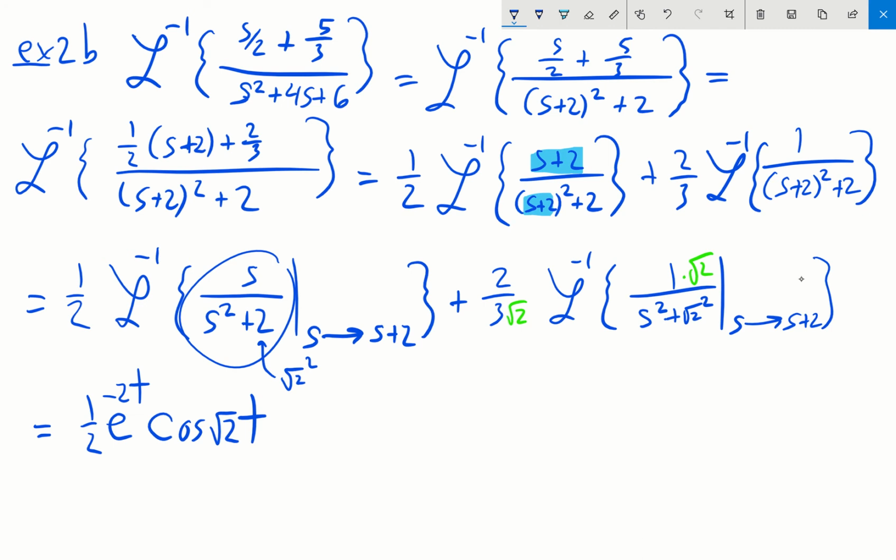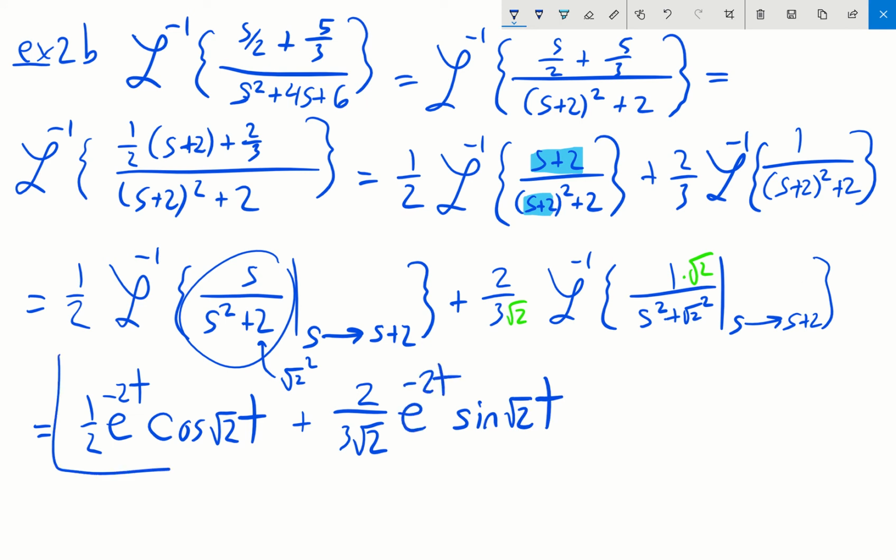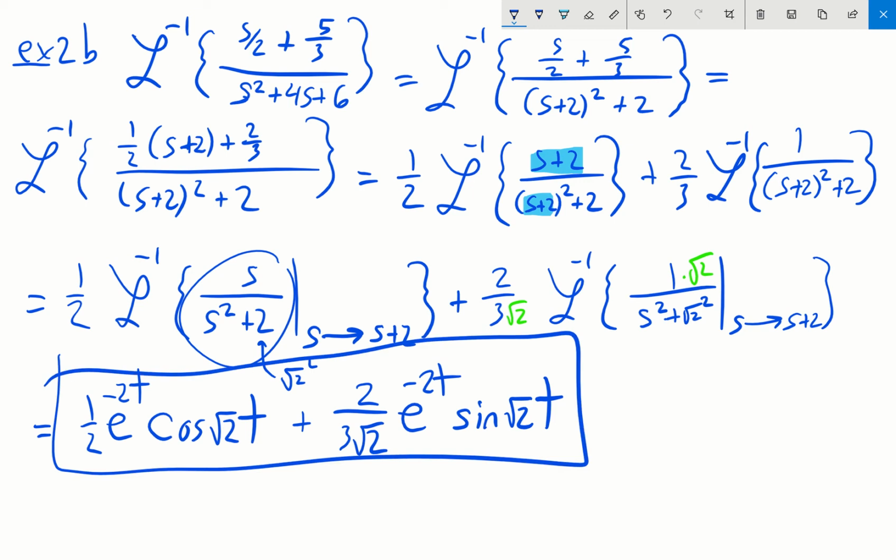And now that we've done that, we should recognize the form. We have this constant, 2 divided by 3 square roots of 2. The form of this thing right here would be the sine of the square root of 2 t. But because we have the shift, we're also going to get an e to the negative 2t with it as well.